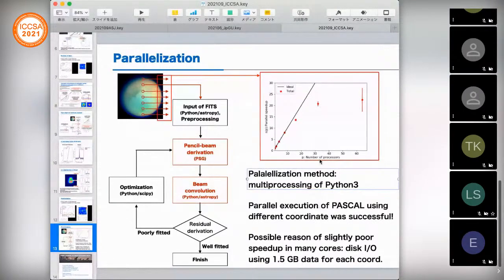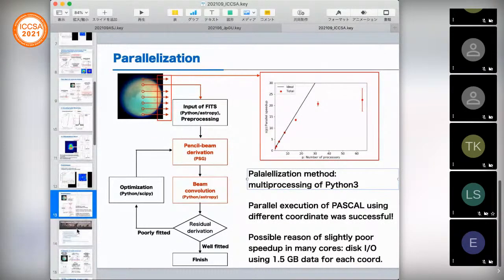But parallel speedup is not effective here. This may be due to the disk I/O because we have to read 1.5 gigabytes of data in each iteration, for all of the parallelization.